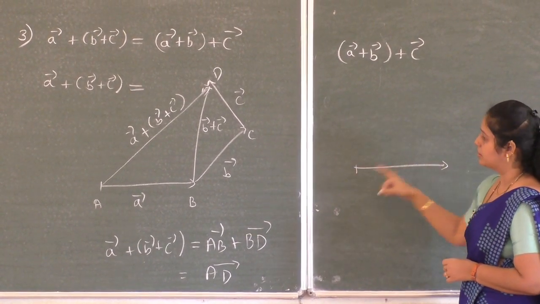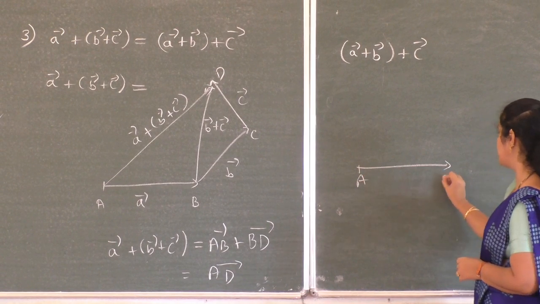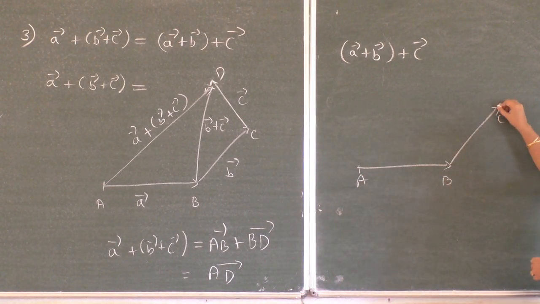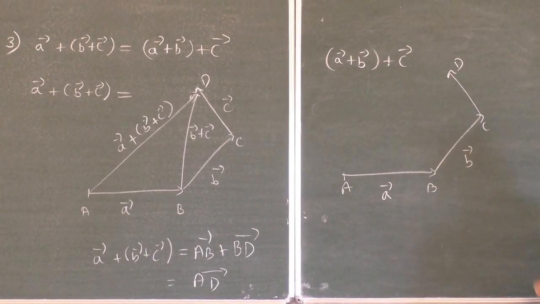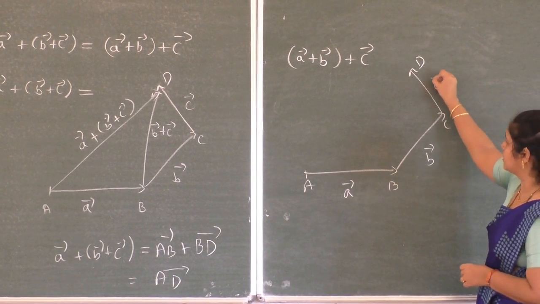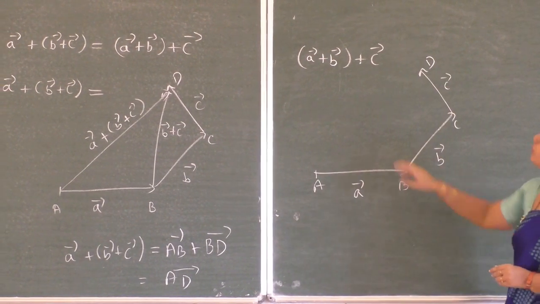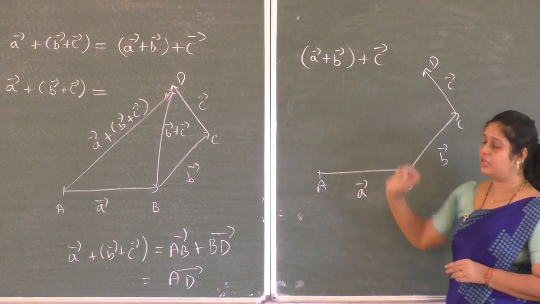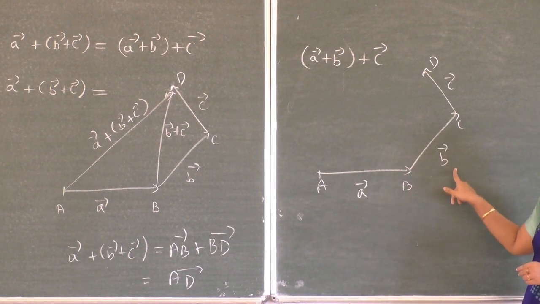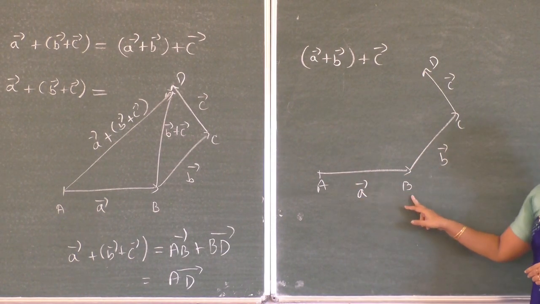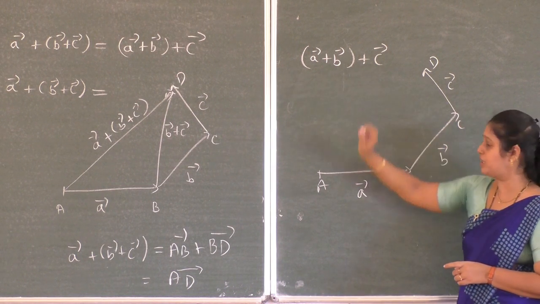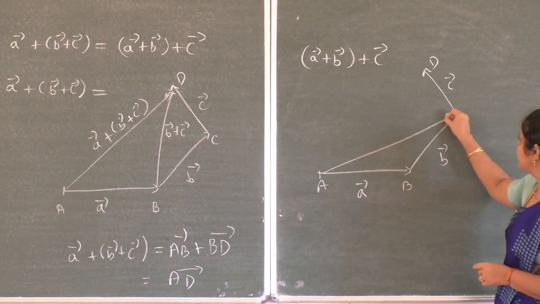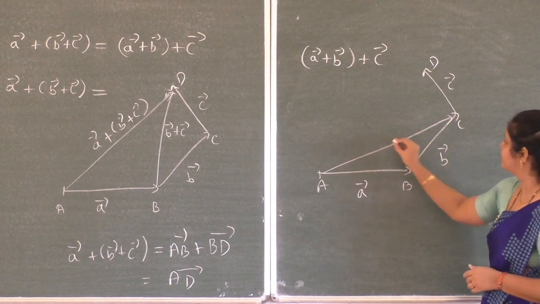Similarly, I will take that same figure here. Vector AB is vector A, vector BC is vector B, vector CD is vector C. Now, vector A plus vector B means we have to add these two vectors first. Vector AB plus vector BC, that is vector A plus vector B, will become vector AC.